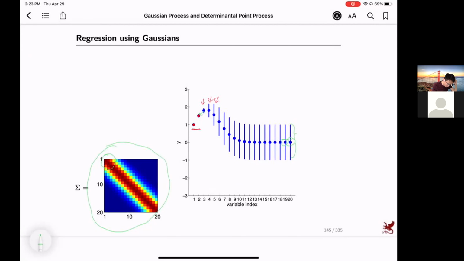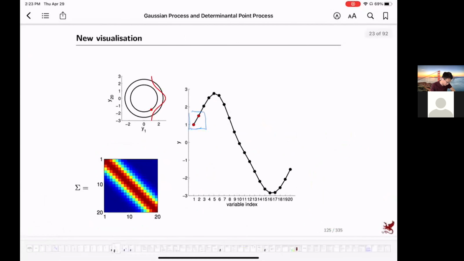But if we look at the last 2 points, and their correlation with the first 2 points I observed, in this small submatrix here, they are basically uncorrelated. Observing these 2 red points tells me nothing about the 19th and the 20th dimension. So they will just be the distribution they started with, meaning mean 0 and unit standard deviation. So that's how we look at the distribution of the points we haven't observed. This is the slide I showed before.